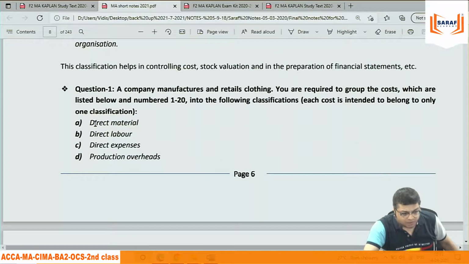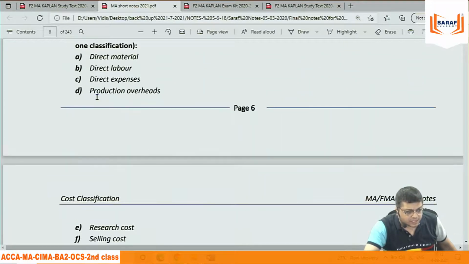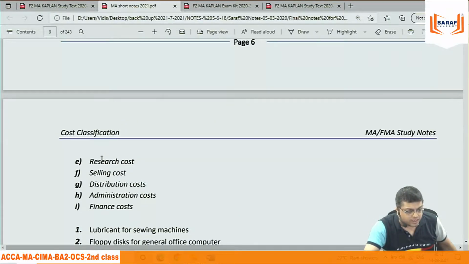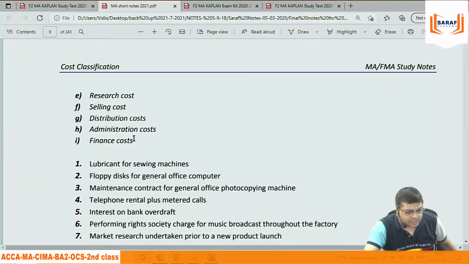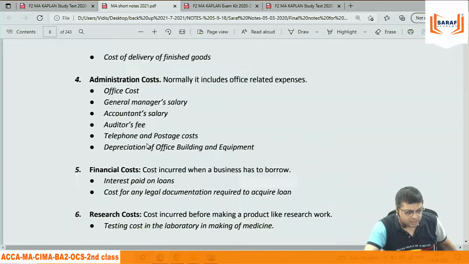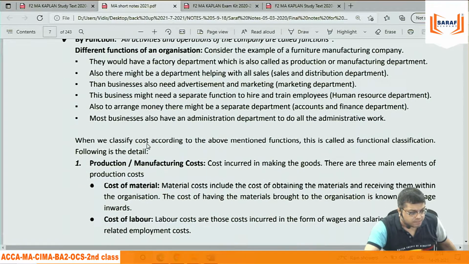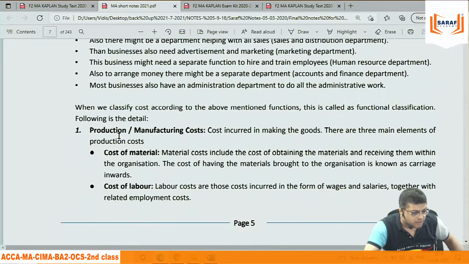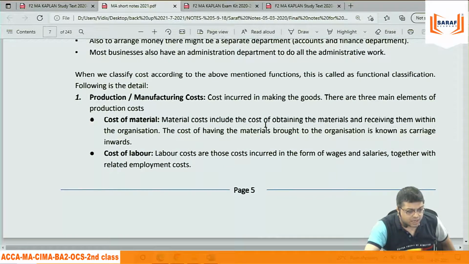You need to classify whether they are direct material, direct labor, direct expenses, production overheads, research, selling, distribution, administration, or finance.